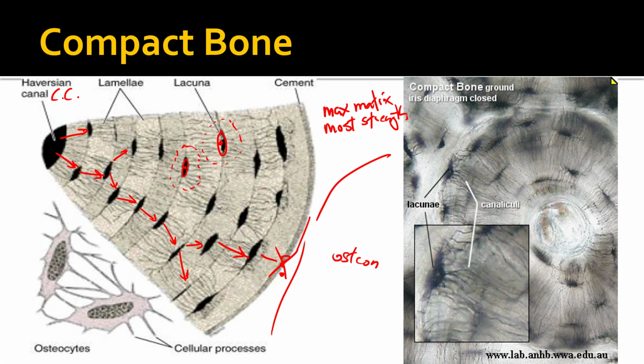Because, you know, cells and blood vessels are not very tough. And this is why compact bone is so hard, because it is as much matrix as we can pack into a single area. And you can see this is a photomicrograph over here on the right side. So this is a microscope picture, and you can literally see the lacunae and canaliculi.